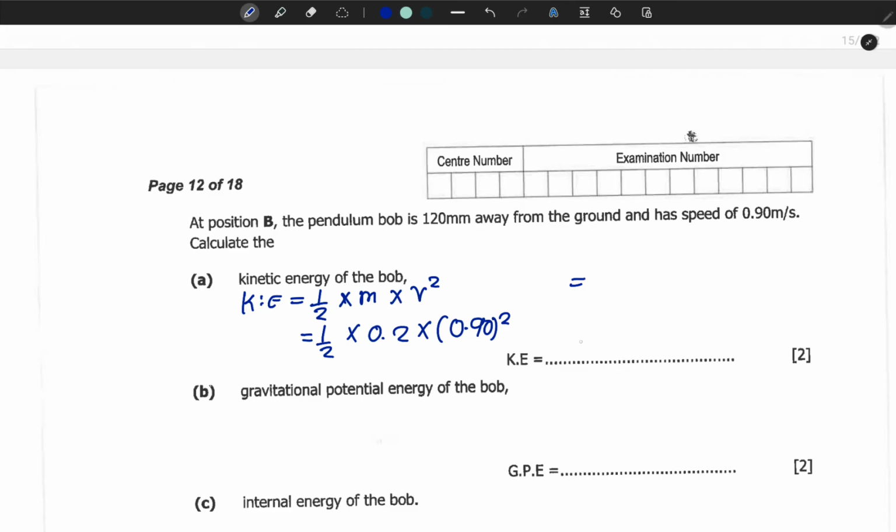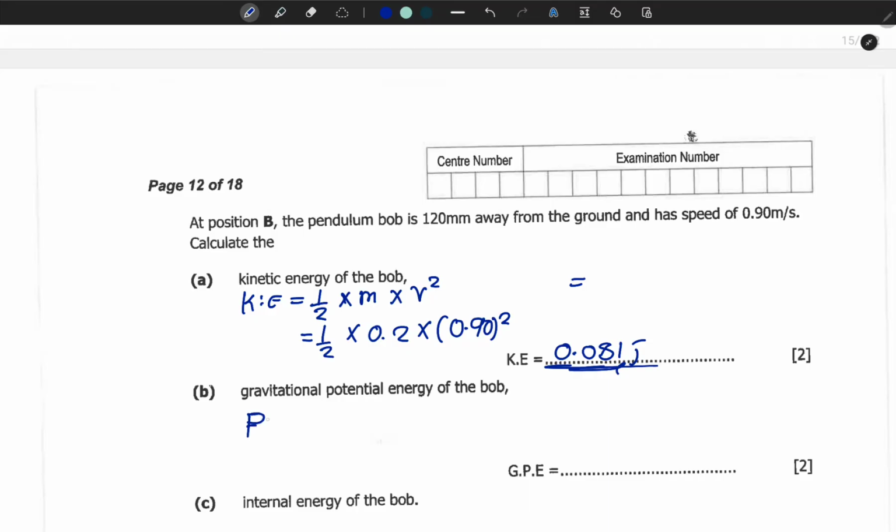According to my calculations, I'm getting 0.081. The units are joules. That's our final answer.